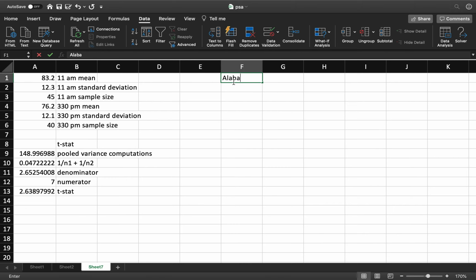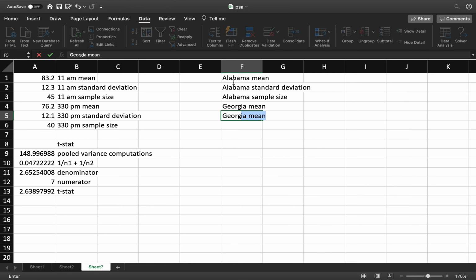Here's the Alabama mean, Alabama standard deviation, Alabama sample size. And now we have the Georgia mean, the Georgia standard deviation, the Georgia sample size. If there is no opinion about the direction, it doesn't matter which one goes first.